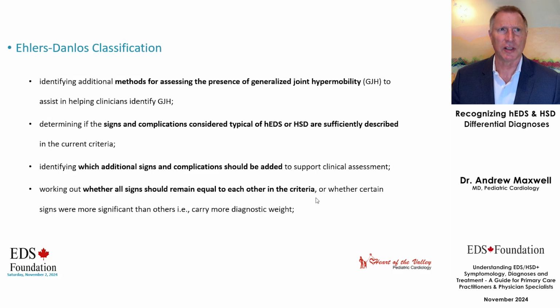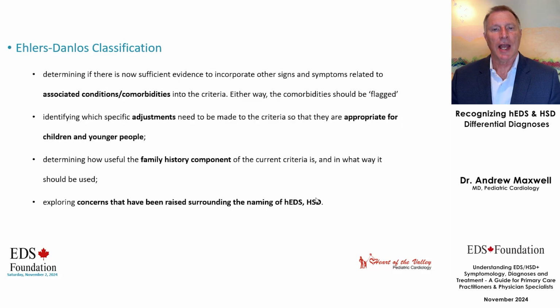So some things are clearly higher specificity than others and should be weighed more heavily when considering the presence of these conditions. They also want to make sure they're including associated conditions, as I mentioned, dysautonomias, mast cell activation syndromes being the big ones, and whether they should be included in the criteria or at least flagged so that they're thought about.